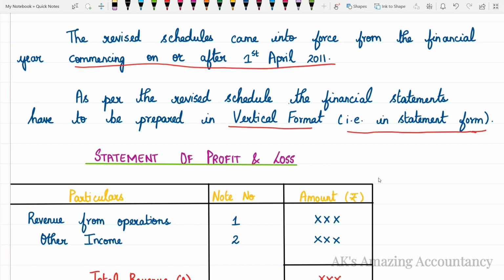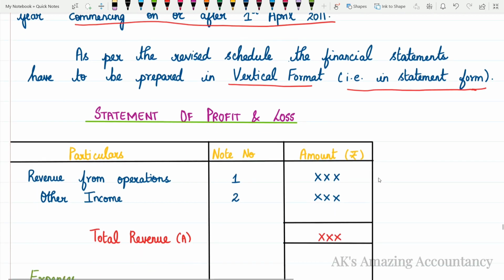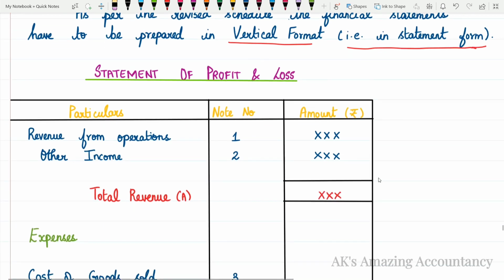First, let me explain to you the format of the statement of profit and loss. For this, you will give the heading as statement of profit and loss for the year ending, and whatever year is applicable, you have to mention that year.